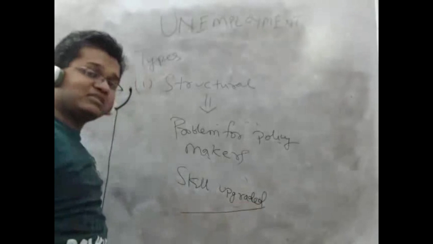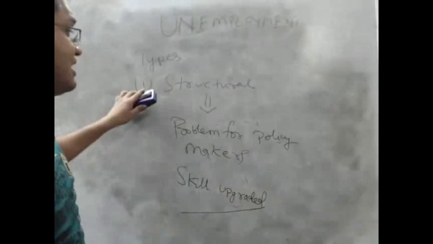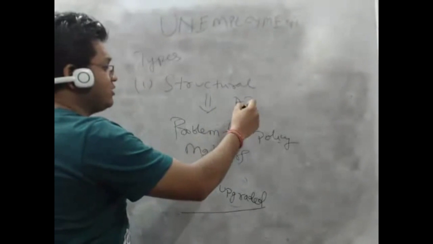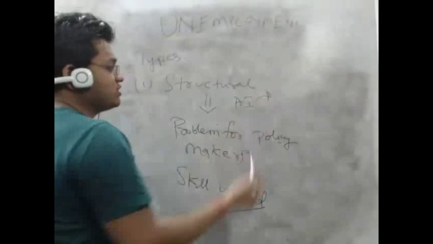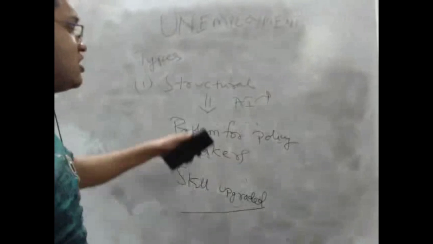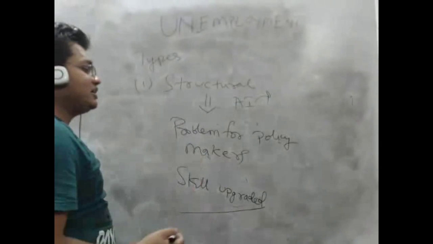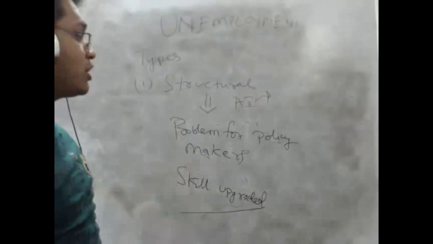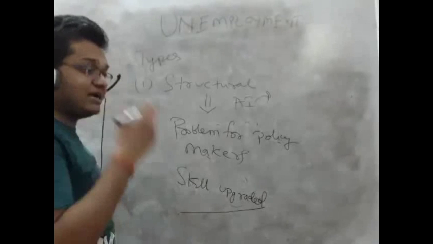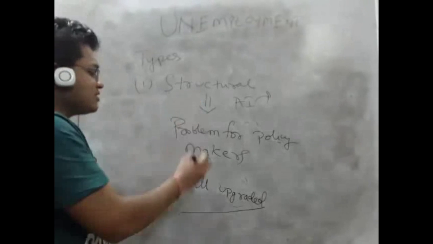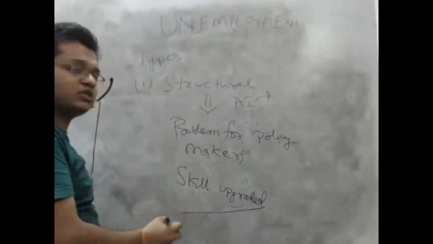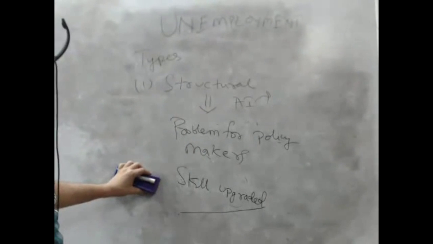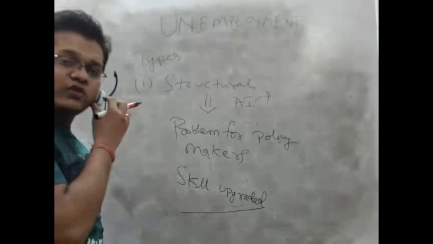So this is a problem for the economy. Say for a particular aeronautical industry, if it has moved to automation or artificial intelligence or something else, and as a result people are getting laid off because their skill is not matching the upgraded skill that is required, then this is a problem for the government and the policymakers. Because you are going to stay unemployed for a longer period of time.